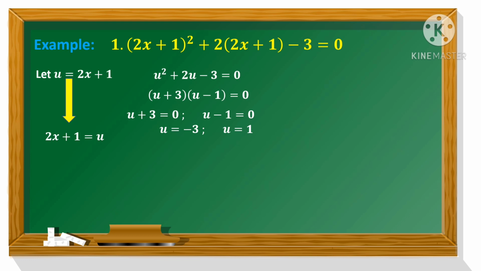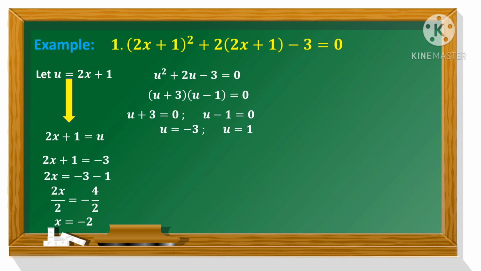And now we'll replace the u by negative 3 and 1. Let us use first negative 3. 2x plus 1 equals negative 3. We transpose positive 1 to the right side, so it will become negative 3 minus 1. Negative 3 minus 1 is negative 4. Then we divide both sides by 2. Then our x is negative 2.